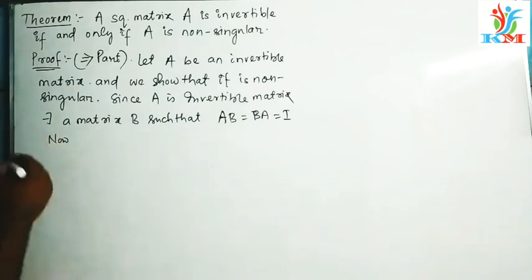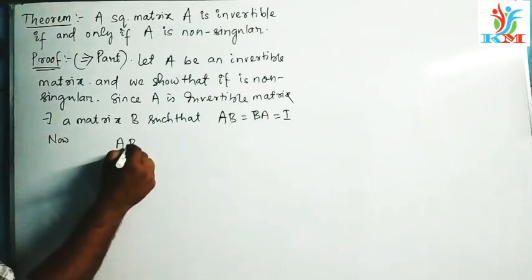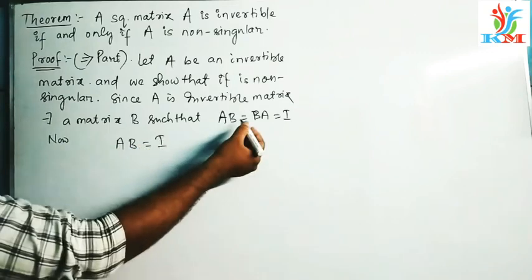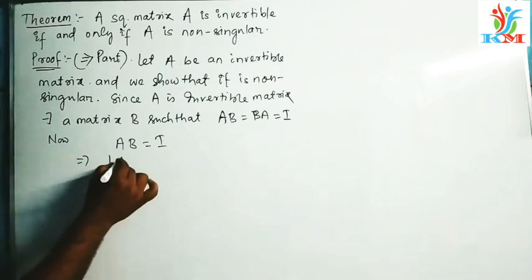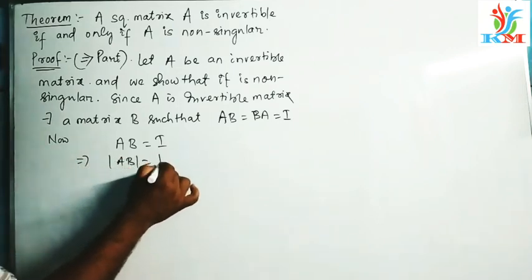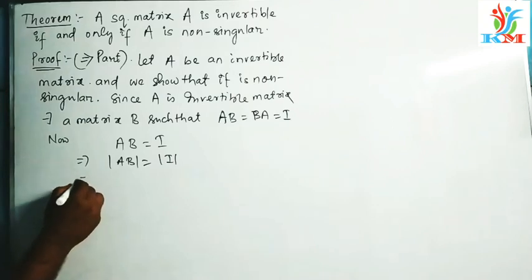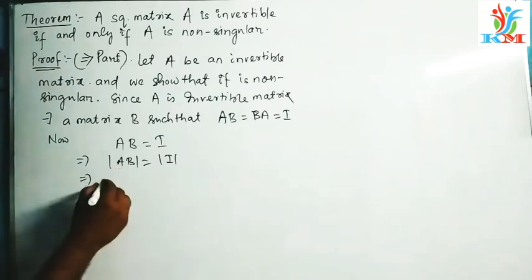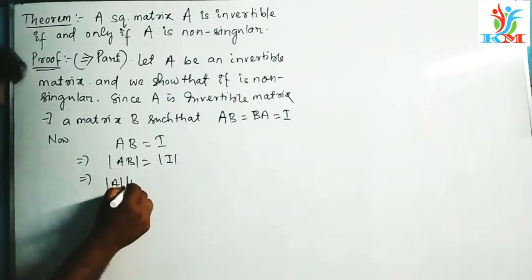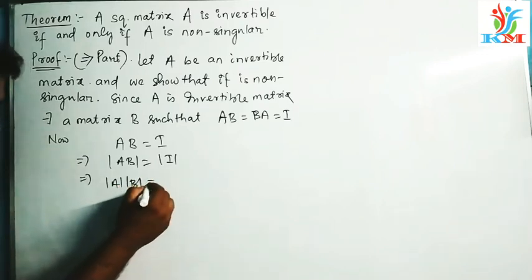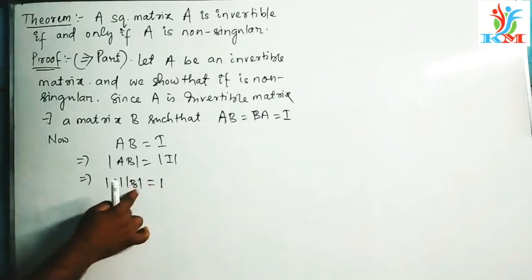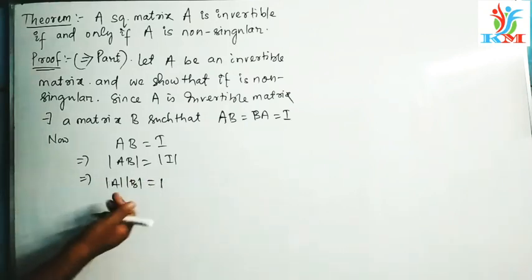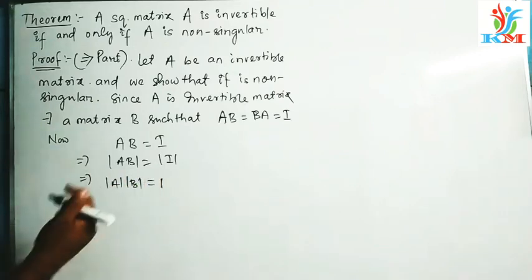Now look here. AB is equal to the identity matrix. Take the determinant on both sides. Determinant of the product AB is equal to determinant of A into determinant of B, which is equal to determinant of the identity matrix, which is 1. So the product of two numbers is 1, so neither of them can be 0.